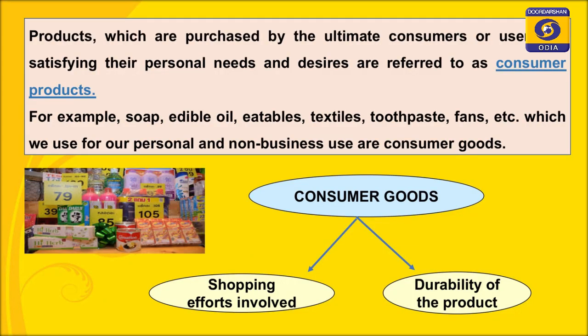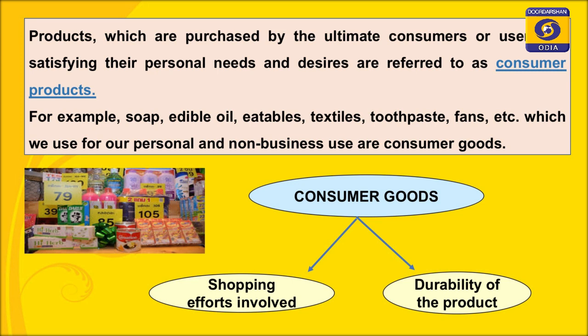Consumer products are classified on the basis of shopping efforts involved and on the basis of durability. That means we can further divide the consumer goods into two broad headings: shopping efforts involved and the durability of the products.